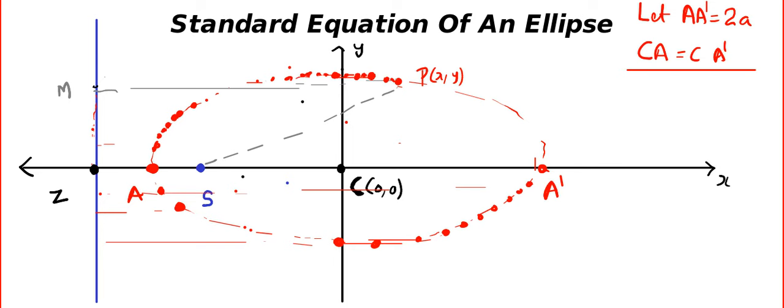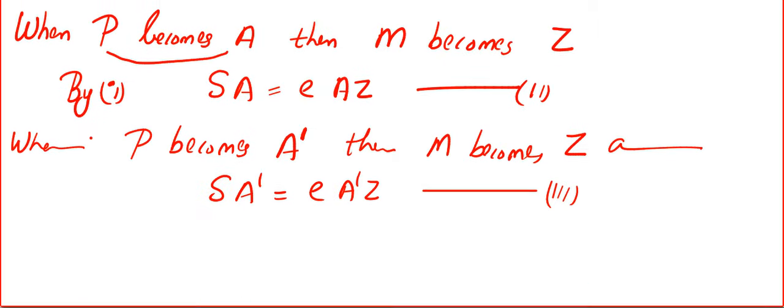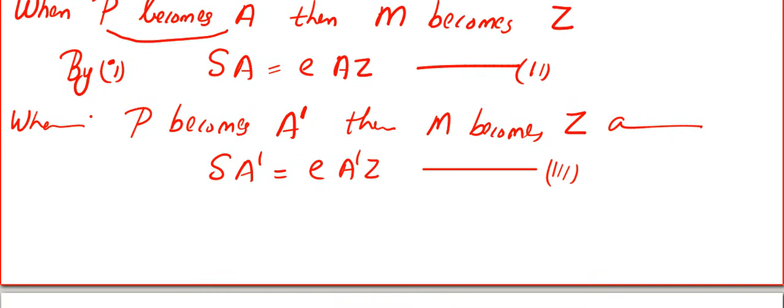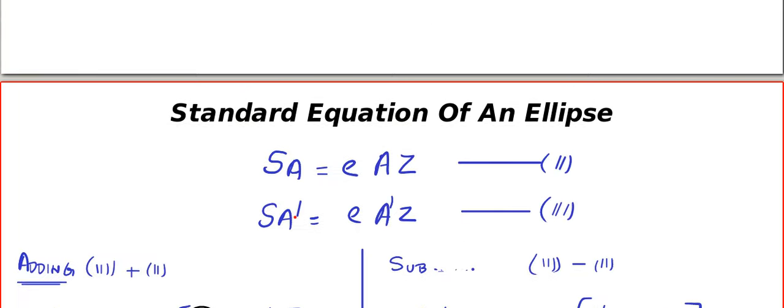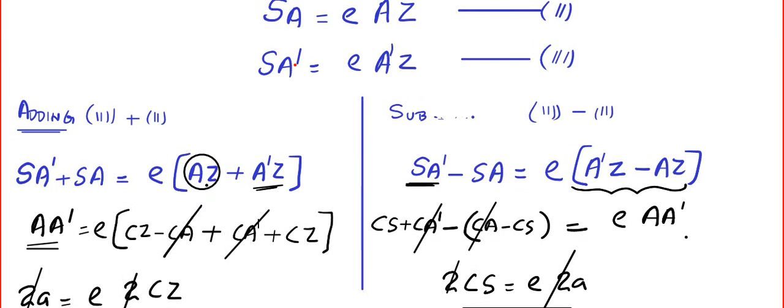So we took all possible values of P, and you can see that when P becomes A, this is part 2, when P becomes A, M becomes Z. When P becomes A dash, you can again see that M becomes Z. So we got 2 equations in part 2. In part 3, we are going to add the equations and subtract the equations.